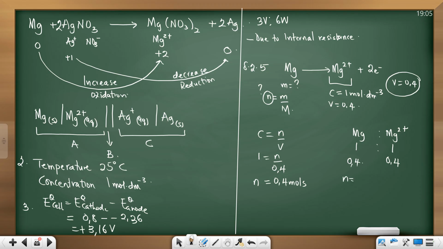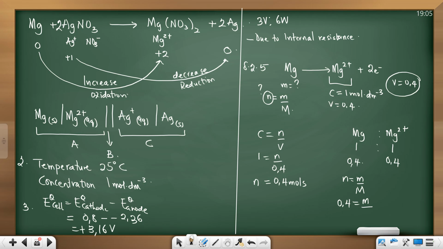Now, number of moles is mass over molar mass. 0,4. Magnesium is what? Do you have a periodic table there? 24, I think. Please check a periodic table there for me.